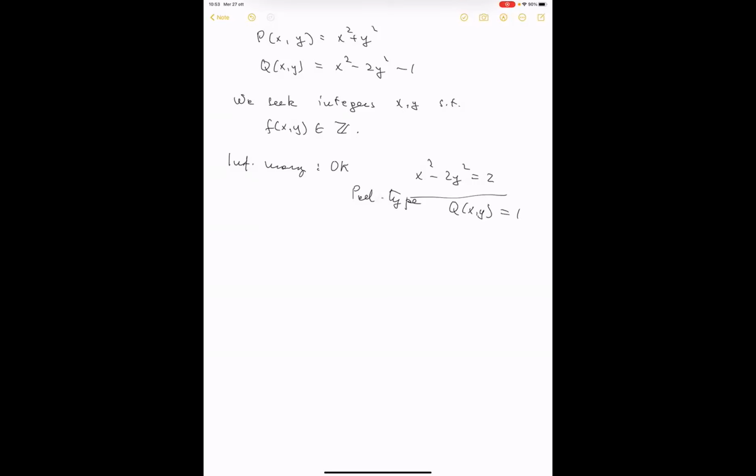But this is not satisfactory because these points are not Zariski dense. They all lie on this curve. So we want a Zariski dense set of integral points.